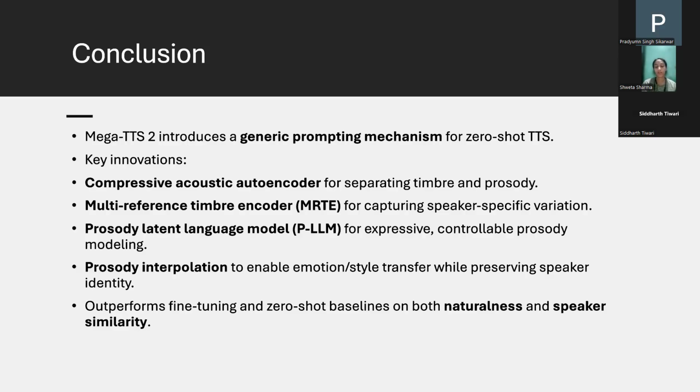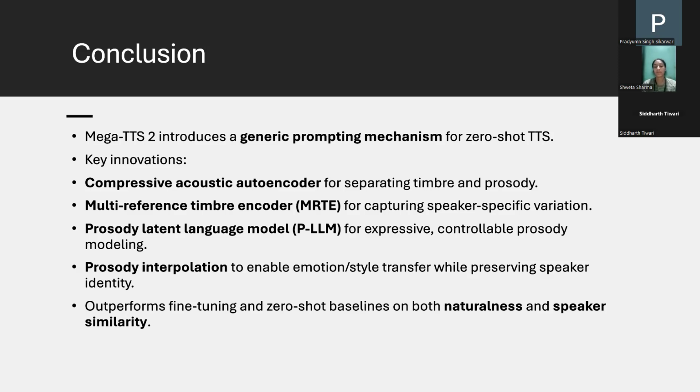Its key innovations include a comprehensive acoustic autoencoder that separates timbre, the speaker's vocal identity, from prosody like emotion and rhythm, as per slide 15, ensuring emotional changes don't alter the voice.